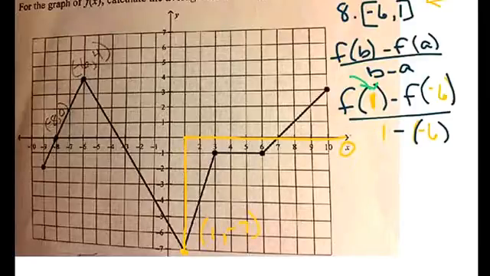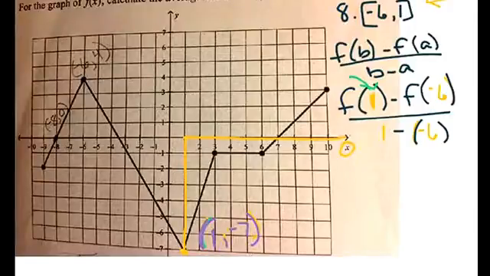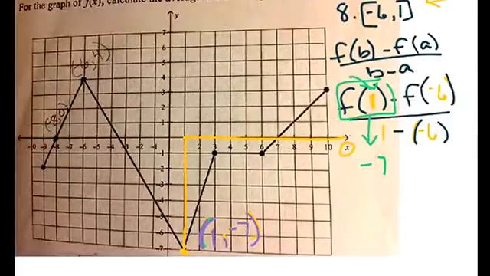You can't see that very well. Let's do this. There. Let's try one more color. There we go. 1, -7. So what is the y value there at that point? It is -7. So I've taken this notation and substituted -7 in for it.